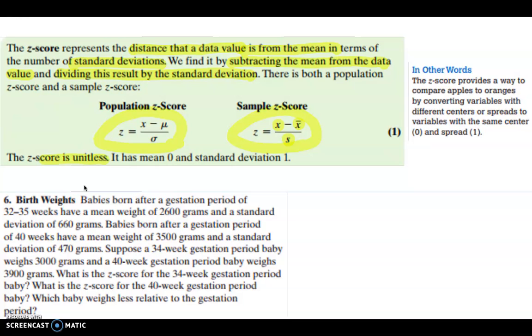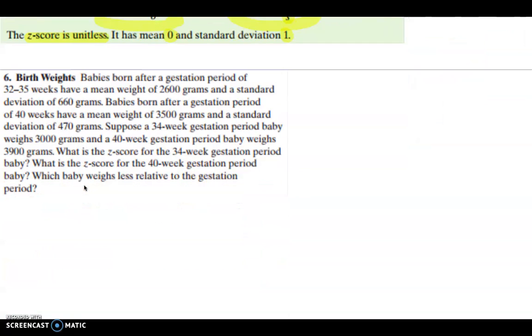Now, a z-score is unitless, and the nice thing about it is when we look at z-scores, the mean is 0 and the standard deviation is 1. So the z-score that you get tells you how many standard deviations you are away from that mean of 0.